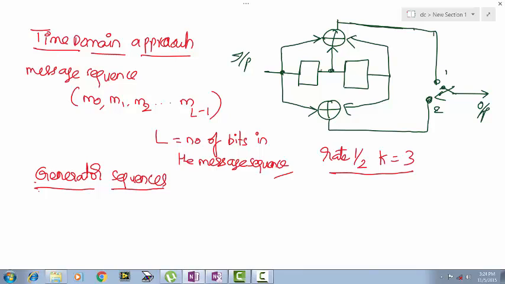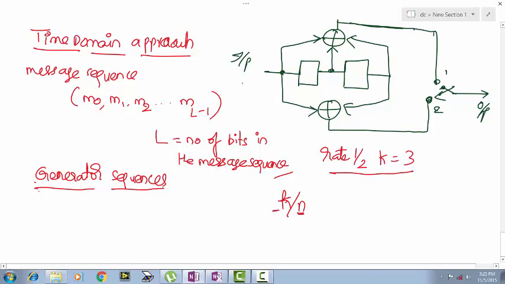For a given convolutional encoder of rate k by n, with k input bits and n output bits, we have to find n generator sequences. In this example we have two outputs, so we need two generator sequences, which are the impulse responses of the two adders.